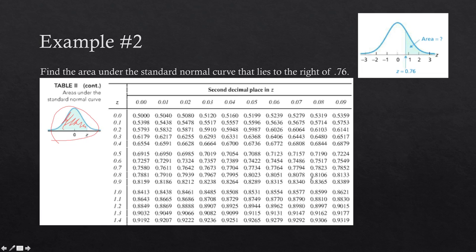So all these numbers in here are only going to tell us areas to the left. We're looking for the area to the right. We'll come back to that in just a minute. So 0.76, we'll look at 0.7, that's right there. 0.76, find out where they meet. Well, they meet right here.